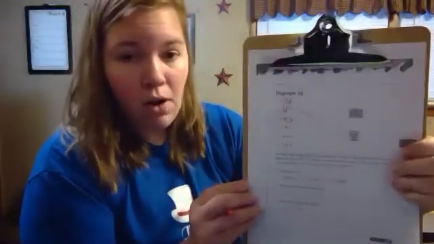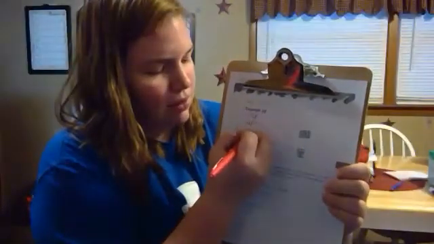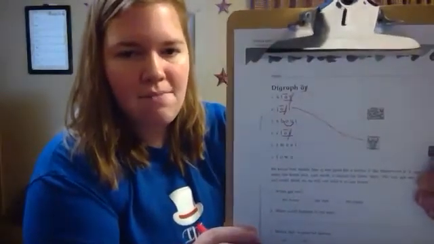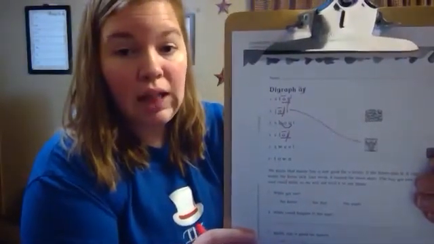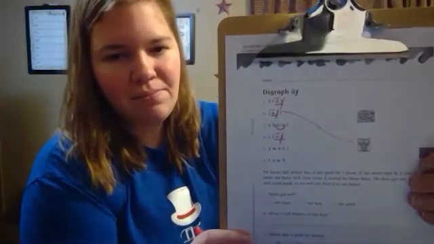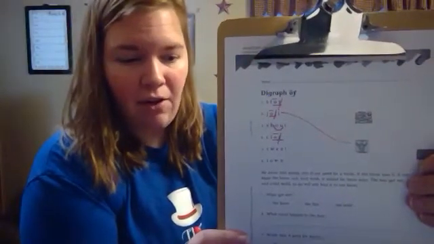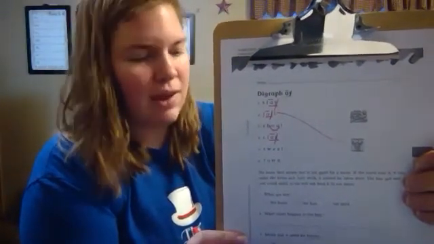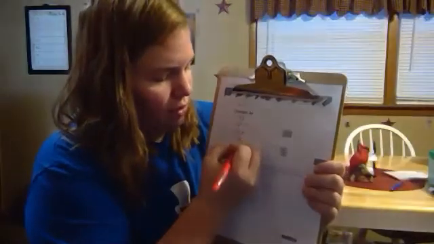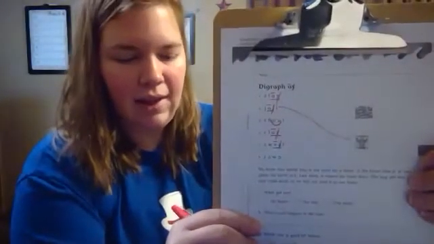On number 4, digraph AY needs underlined. Macron above the A, cross out the final Y. Clay is number 4. Clay. Number 5 has a digraph. Which digraph is in number 5? EE, underline the digraph. The first E is making the E sound, the second E is not.